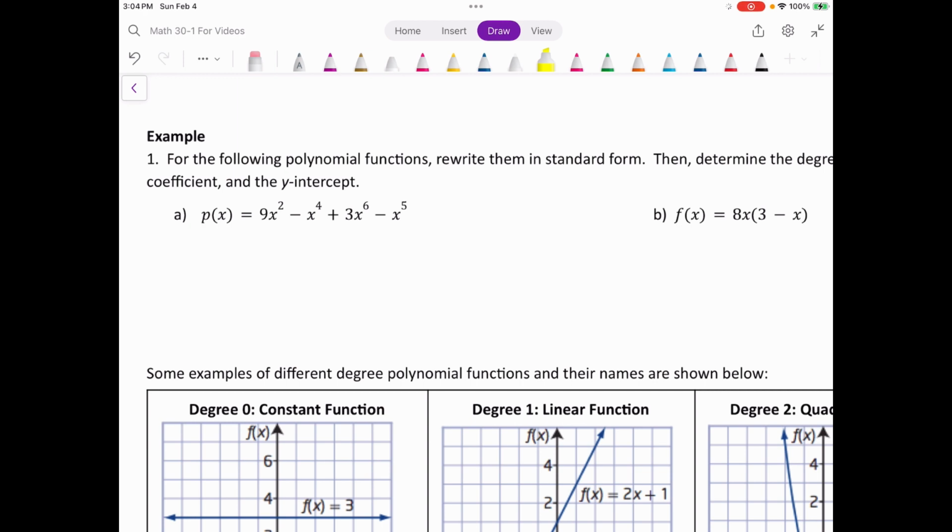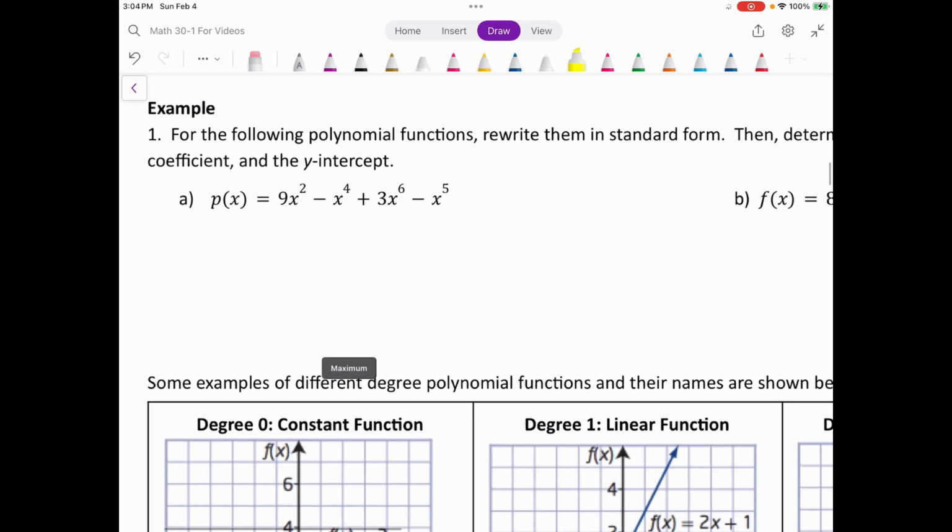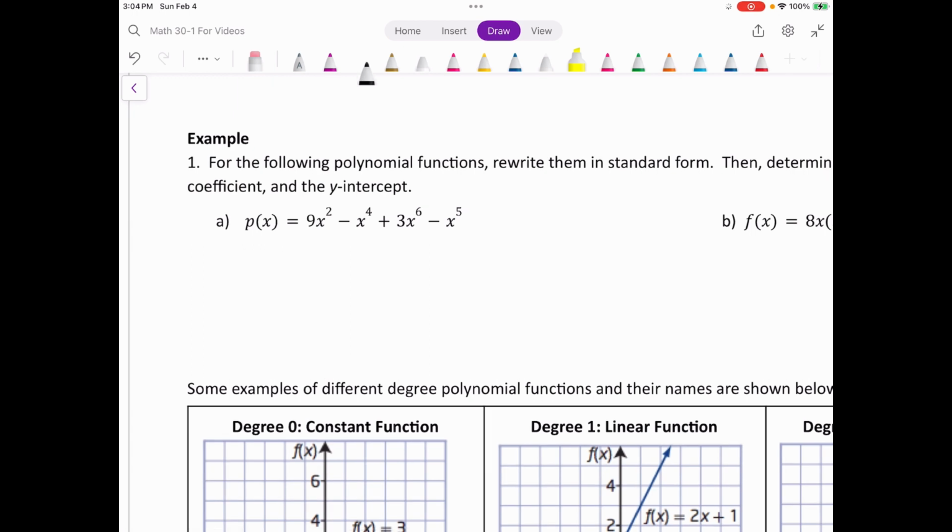So for this one, definitely not in standard form, right? Look, we can see that the greatest exponent on x is 6. So we need to reorder this so that it goes from highest exponent on x to lowest exponent on x. So we'll rewrite it in standard form.